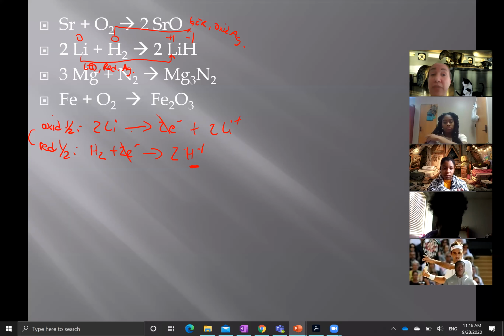You guys have to write the correct form. Realize that these are mostly going to be ionic compounds at the end, so they're in the form of an ion. You can't put H2 because H2 is a diatomic molecule. You can't put O2 because O2 signifies a diatomic molecule, a covalent compound. If it's an ionic compound, you've got to put it in the correct form.